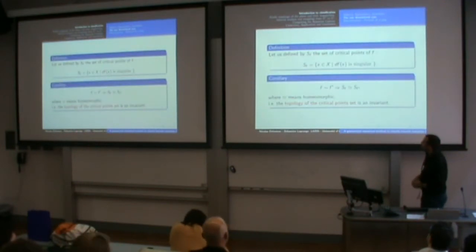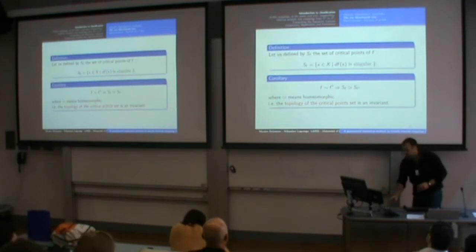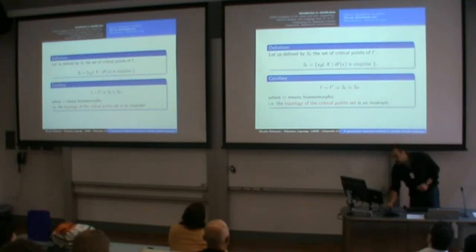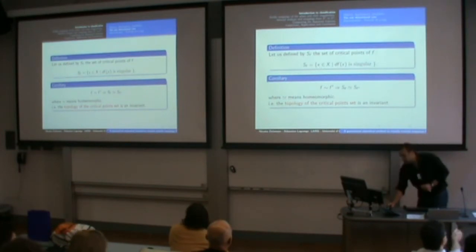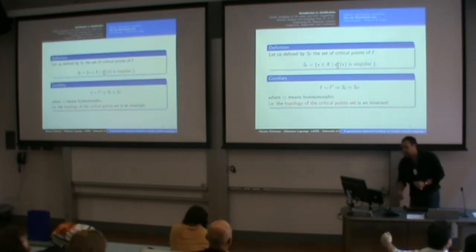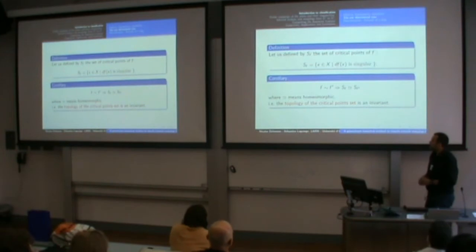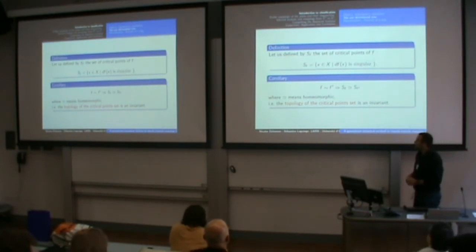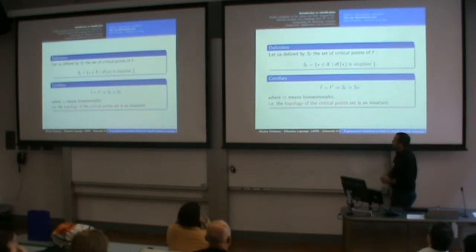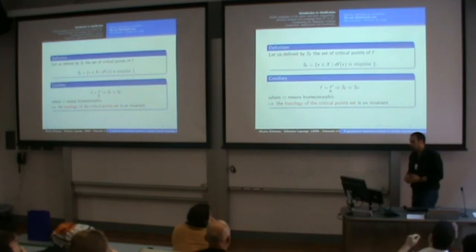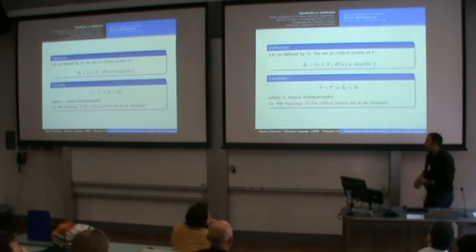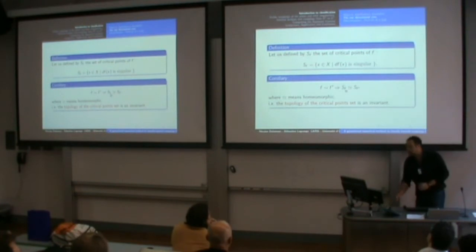More seriously, we are going to consider the subset of the source space such that the Jacobian matrix of F is singular. And what is very important to me is to see that if F and F prime are equivalent, then the topology of the critical points is the same.